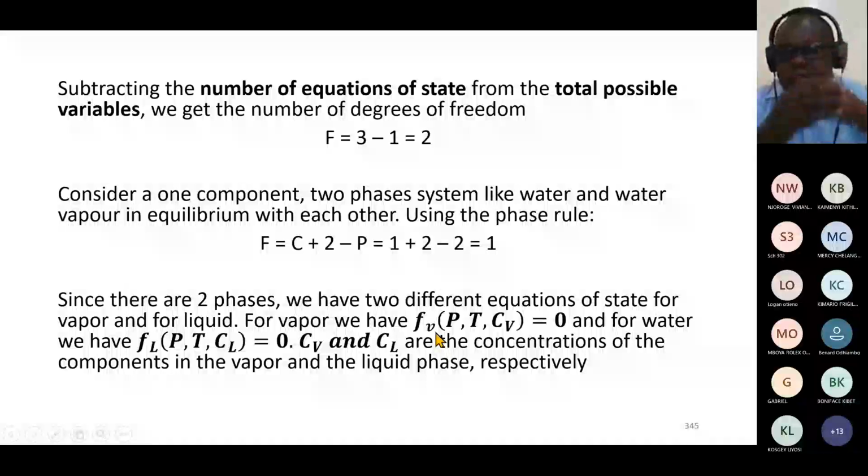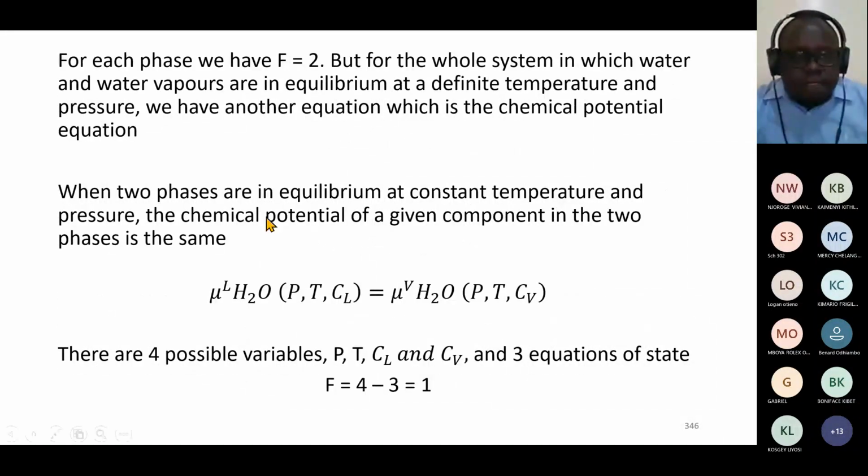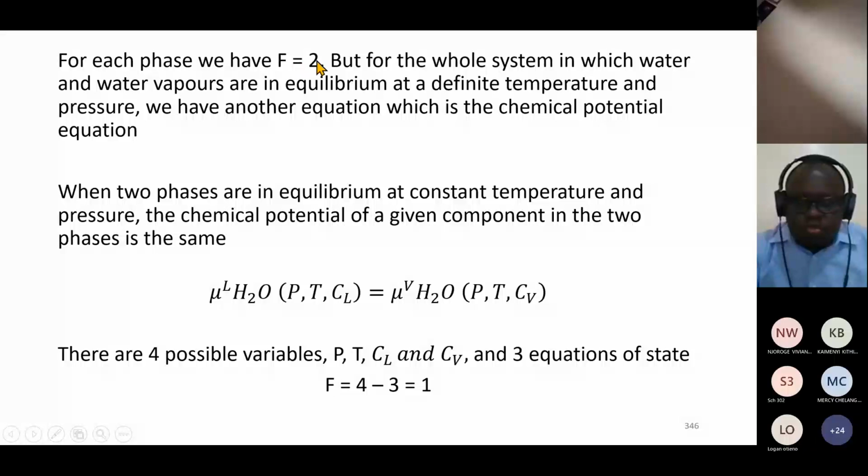Remember, you have to determine the number of equations in that system and also the number of variables in that system. So far we have 2 equations. Now for each phase, we have F equals to 2.